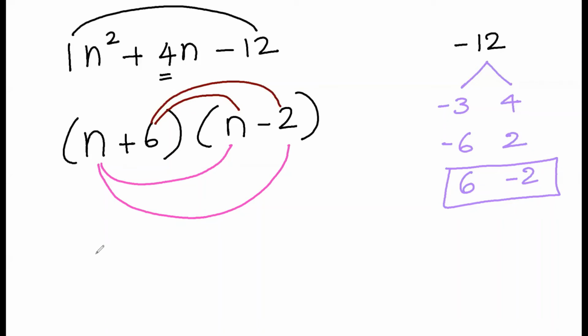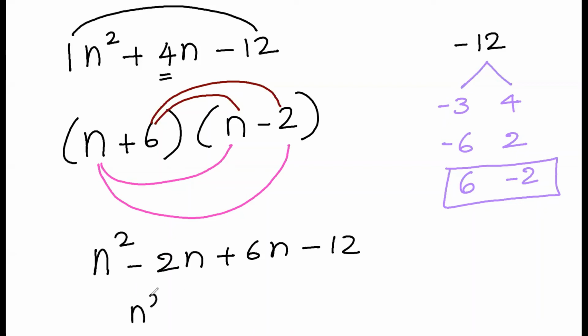N times n is n squared. N times -2 is -2n. 6 times n is 6n. 6 times -2 is -12. I see like terms, so let's combine. N squared minus 2n plus 6n.